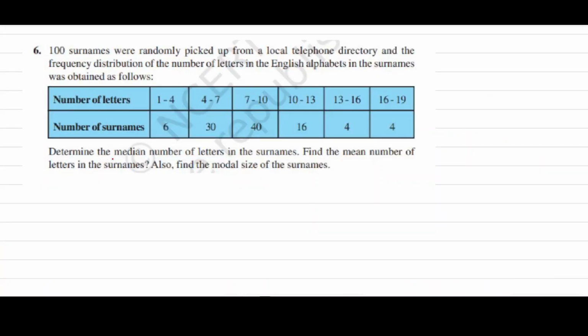Now this is the 6th question. 100 surnames were randomly picked up from a local telephone directory, and the frequency distribution of the number of letters in the English alphabets in the surnames was obtained as follows.